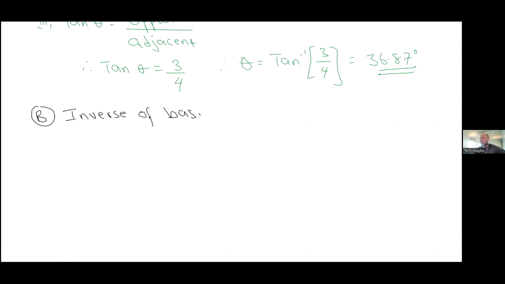The reason why I'm using this is that sometimes some students are always fixated on using a particular trig identity. What I'm trying to show you here is that regardless of the trig identity, provided that they are correct, and you use the appropriate trig identity and substitute correctly, you should get the same thing. All right?